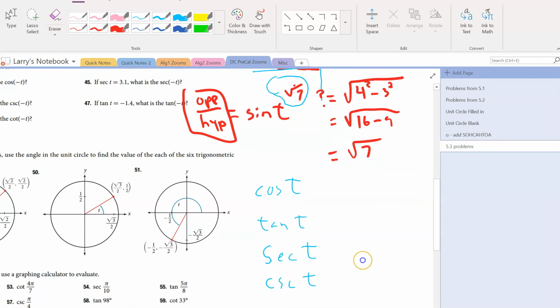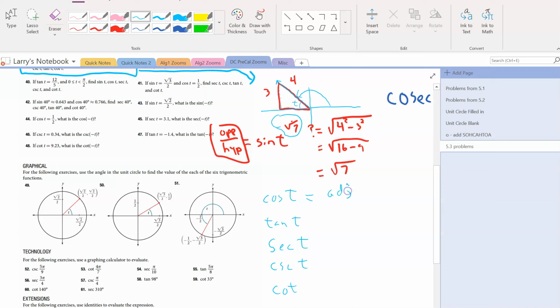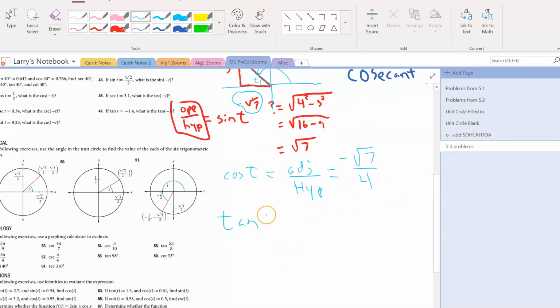Cosine is adjacent over hypotenuse. So from our angle t, the adjacent is the negative square root of 7 and the hypotenuse is 4. Negative square root of 7 over 4. That is the cosine of t. Tangent is opposite over adjacent.